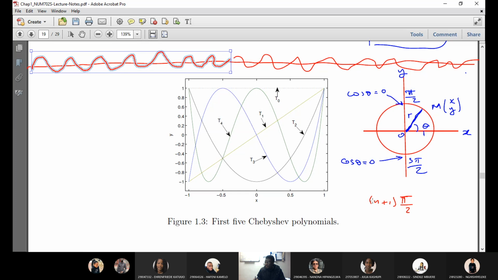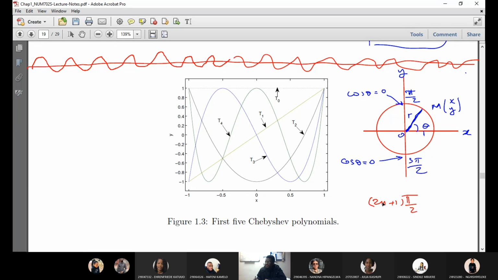To indicate that it's odd, I can put 2 in front: 2n plus 1, pi by 2. You see it's odd. Here the factor is 1 and here it is 3.